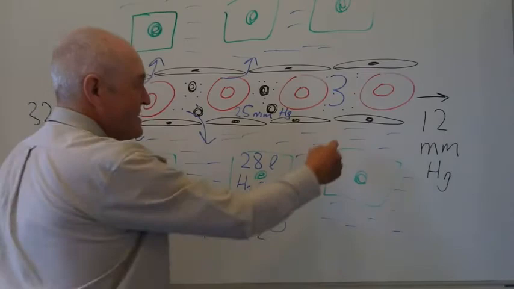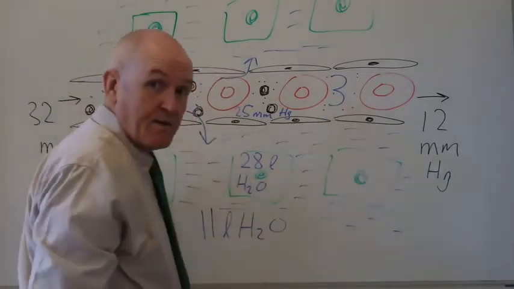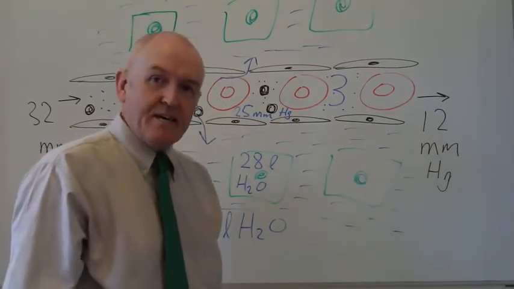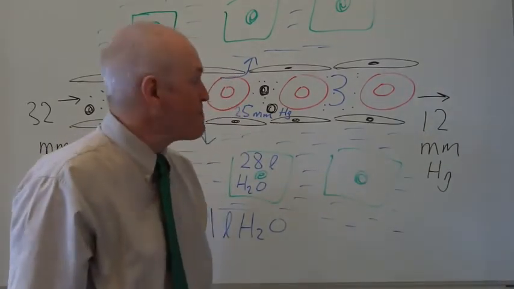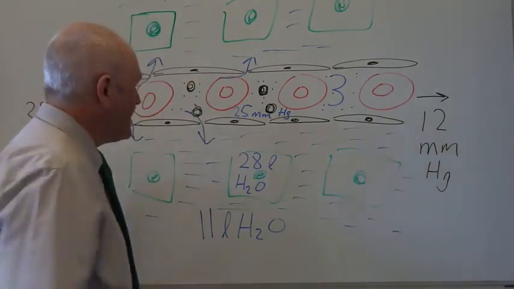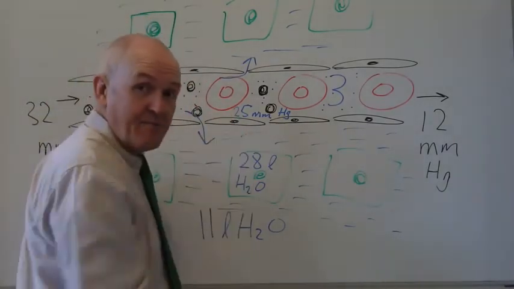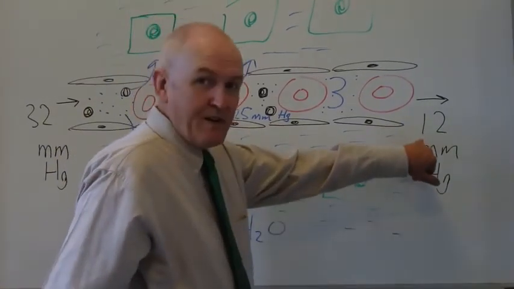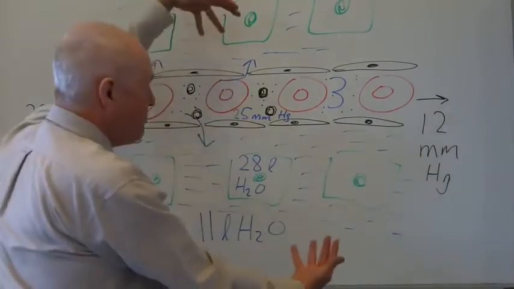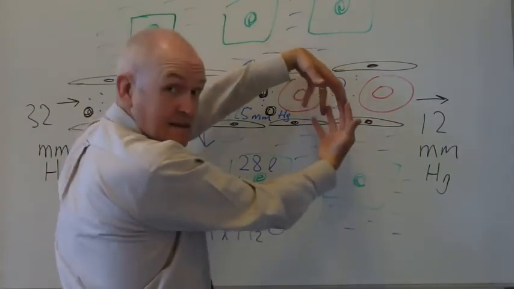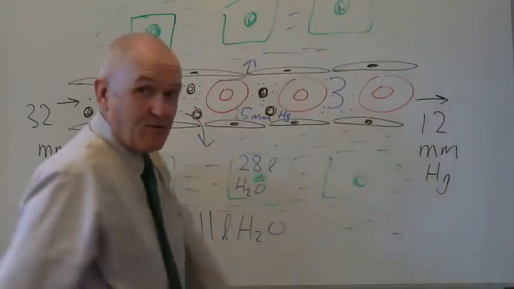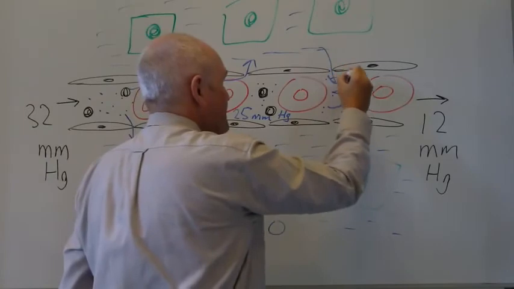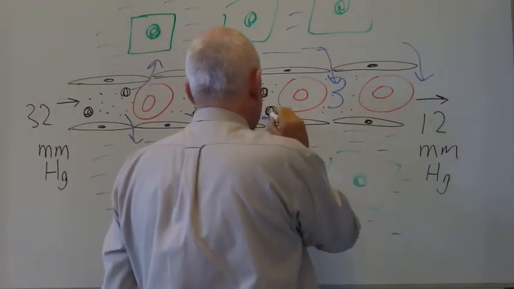But by the time we get to the venous end of the capillary, the hydrostatic pressure is lower, down to about 12 millimetres of mercury. What we see now is that the osmotic pressure at 25 millimetres of mercury is greater than the hydrostatic pressure at 12 millimetres of mercury. This means there's more osmotic pressure sucking back in than there is hydrostatic pressure pushing out, and this means that the tissue fluid will be reabsorbed at the venous end of the capillary.